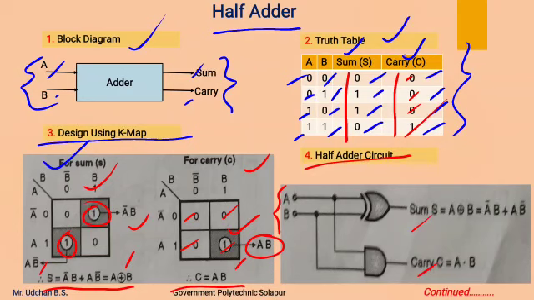To get the output equation of sum, we are going to connect inputs A and B to the XOR gate, so that we will get the expression as A XOR B. And to get the carry output, we are going to connect these same inputs to the AND gate like this, so that we can get the expression for carry output, that is AB. This is how we can design a half adder circuit using K-map.